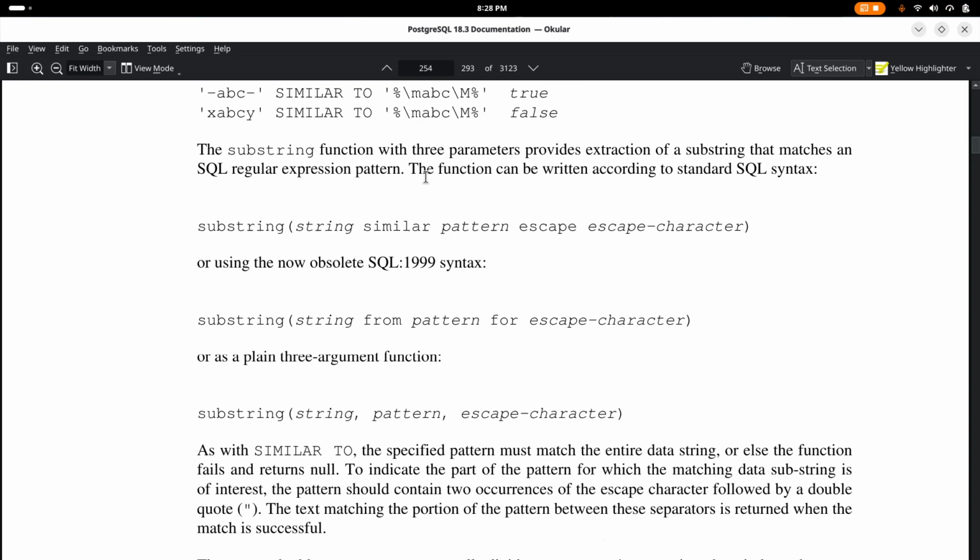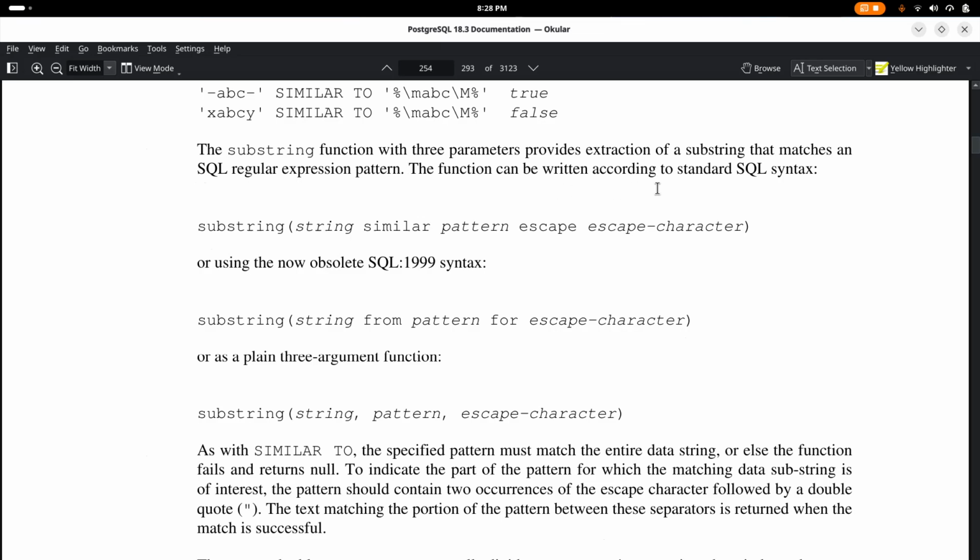The substring function with three parameters provides extraction of a substring that matches an SQL regular expression pattern.